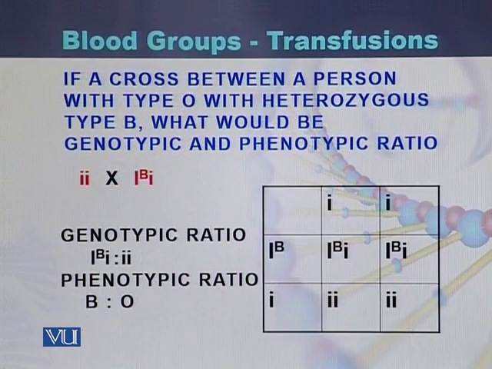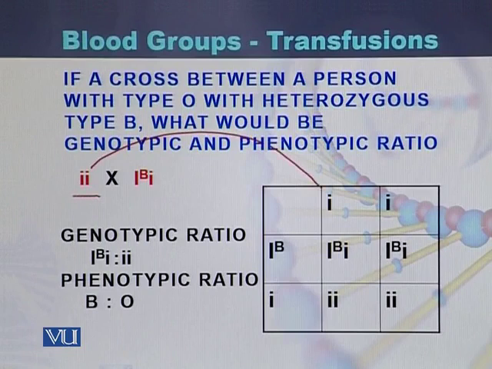This is the second example. If there is a cross between a person who has blood group O and a person who is heterozygous with blood group type B, what would be the genotypic and phenotypic ratio? If a person has blood group O, the genotype of that individual will be OO, or it can be written as ii.